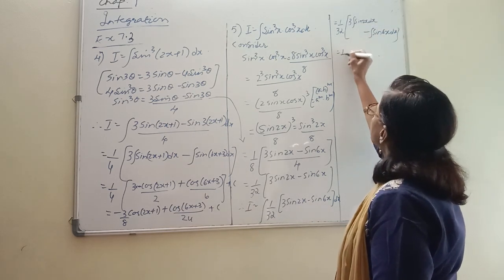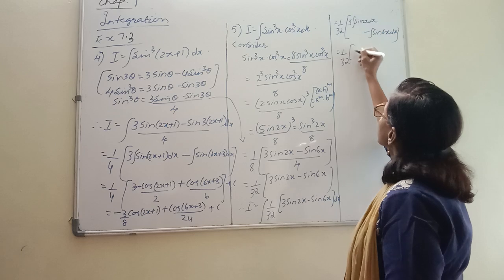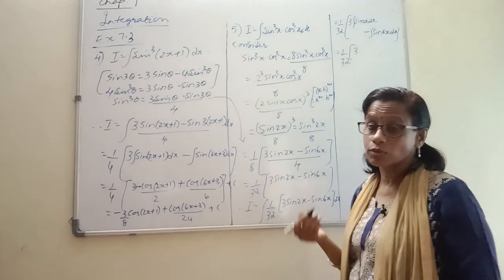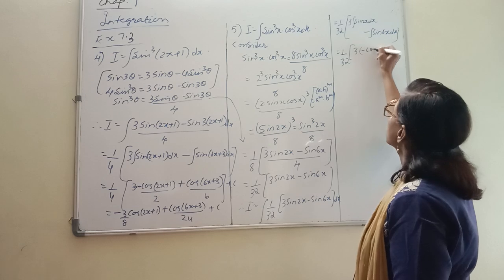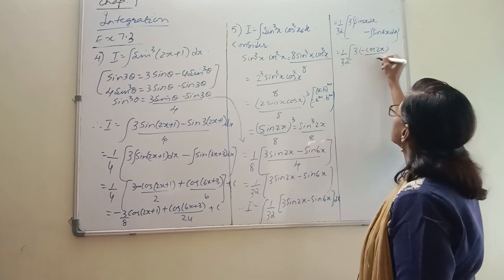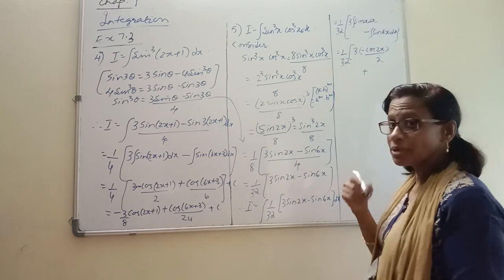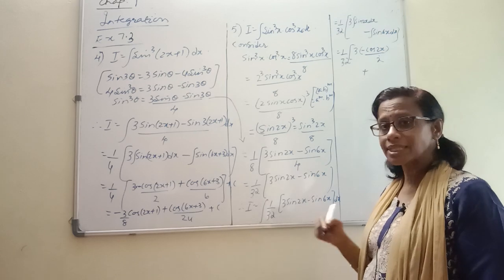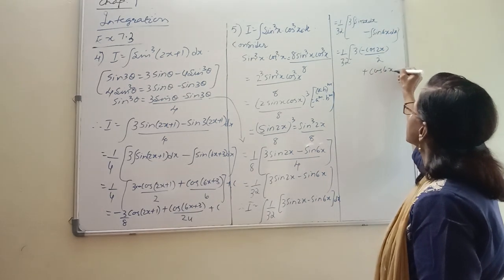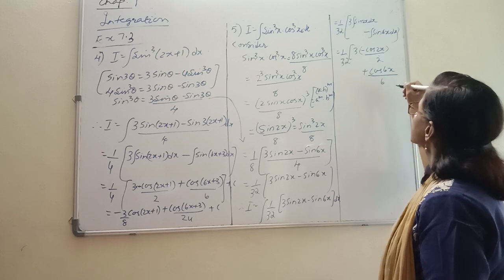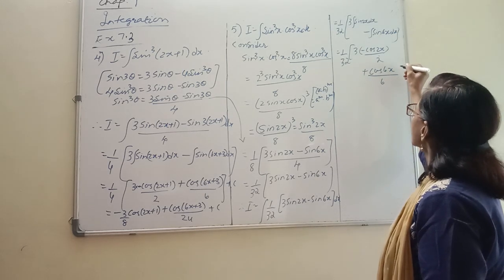So this is going to be 1 over 32, and the integral of sine, we know, is minus cos, so minus cos 2x over 2. The other part is also minus, but because of the already existing minus, that becomes plus. So here it's cos 6x over 6, because 6 is the integral coefficient, plus c.